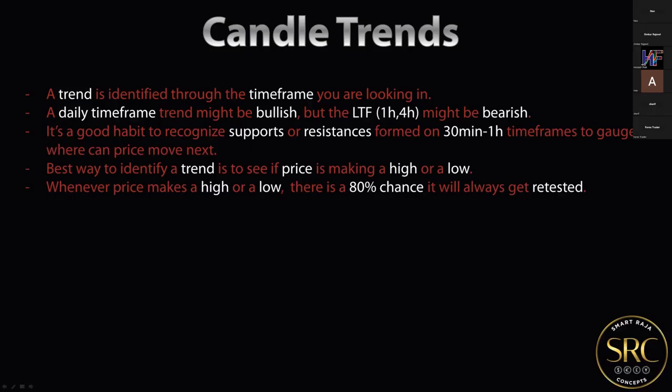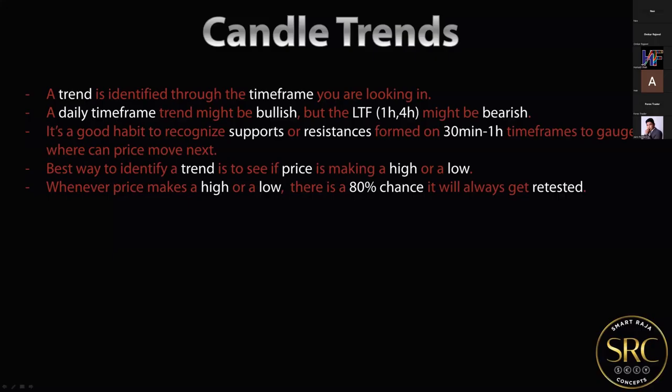So I was listening to this podcast once, long time ago in 2016, and the guy said that his method of trading is this. Whenever price makes a high or a low, there's an 80% chance that high or that low will be retested, and that's where you put your positions with size, like 5 lots, 10 lots, 50 lots, 100 lots, 150 lots.